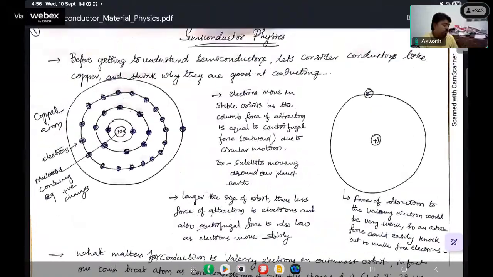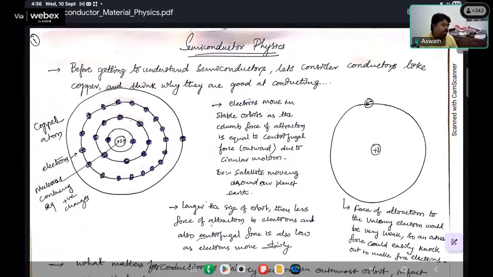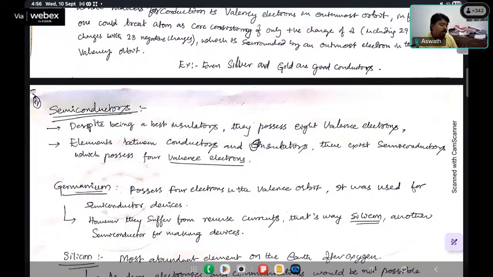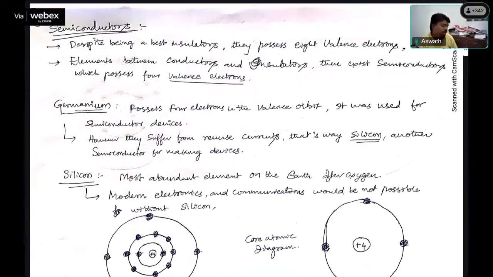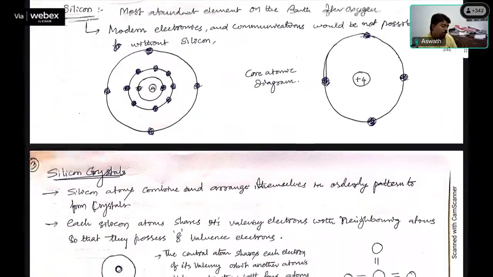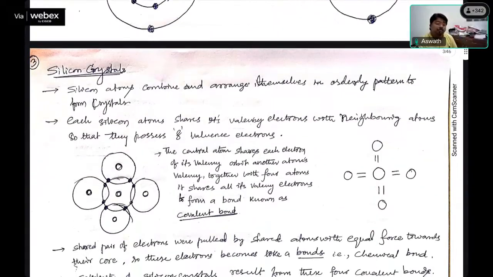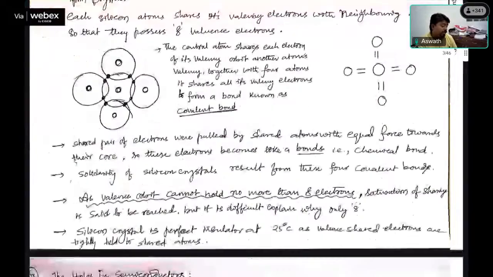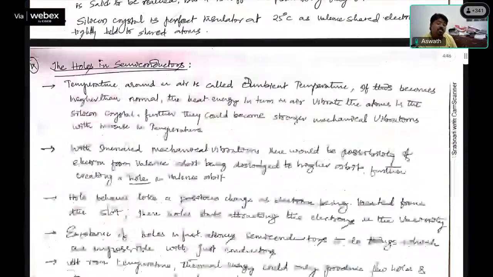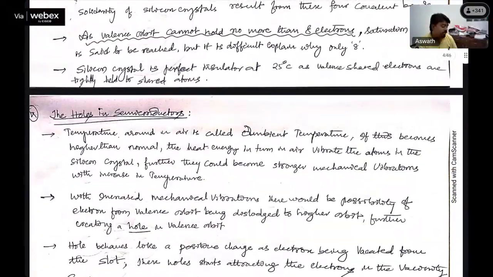This discusses why an insulator is an insulator, why a conductor is a conductor. In the case of an insulator, how can I realize something called a semiconductor? In semiconductors, there are intrinsic and extrinsic semiconductors.